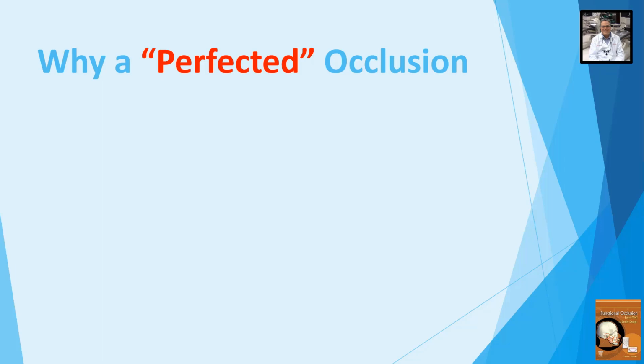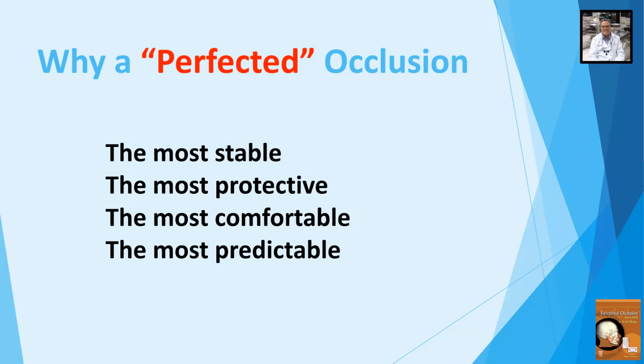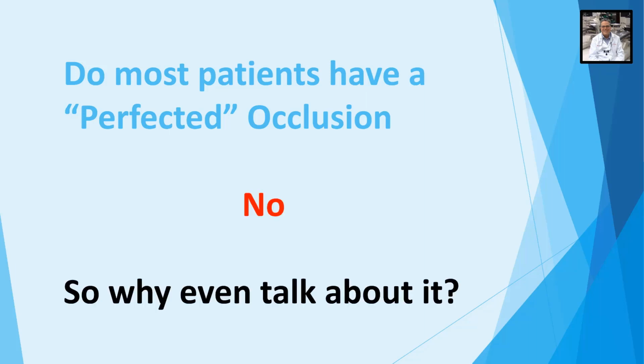So why do we talk about this thing that we're calling a perfected occlusion? Because it's the most stable, it's the most protective, it's the most comfortable, and it's the most predictable of all occlusions. Do patients have a perfected occlusion? Well, mostly not. So why talk about it?